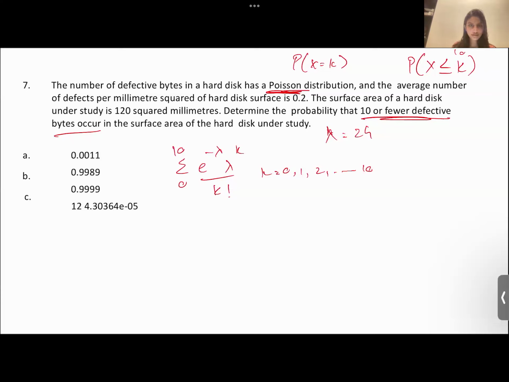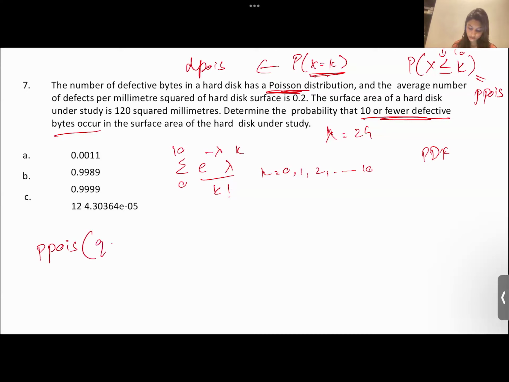You'll get the answer. With R, here it's a CDF, so for CDF you use ppois. If it's a PDF, like when you have x equal to k, you use dpois. If it's a CDF, which has something like greater than or equal to, or less than or equal to, you use ppois.